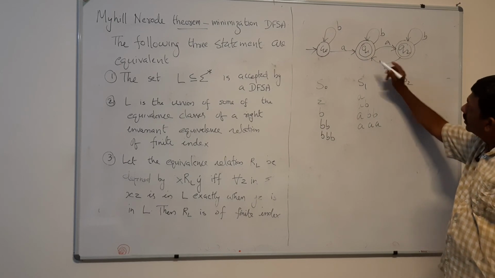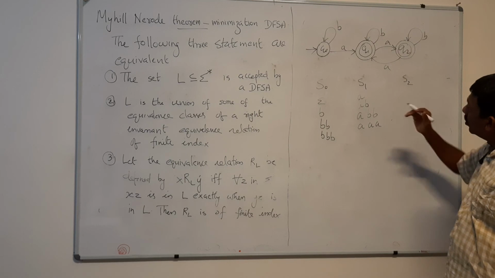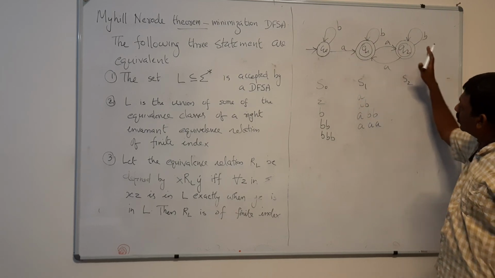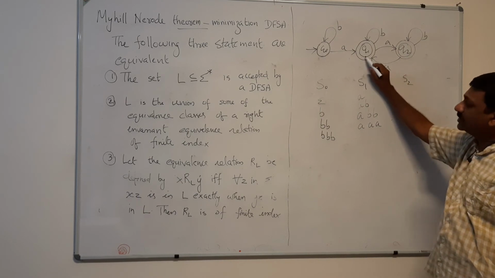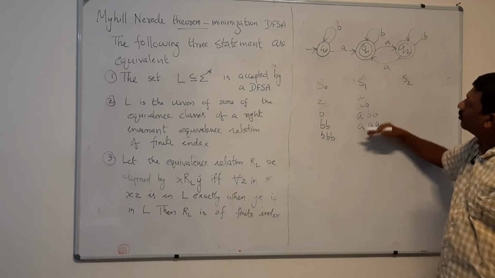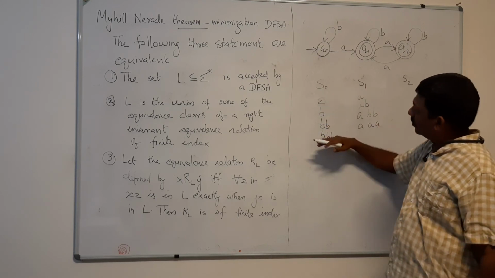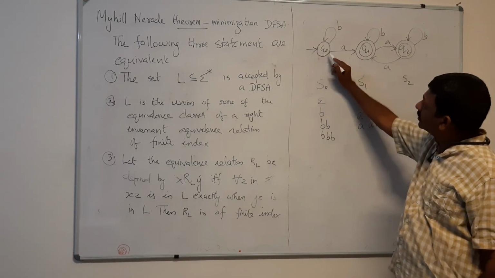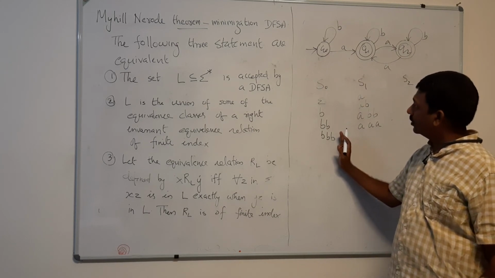That means all the strings for which, upon processing all the inputs, your finite control reaches Q1 belong to S1. Upon receiving all these input strings it stays in Q0, so we have added all those strings to S0.